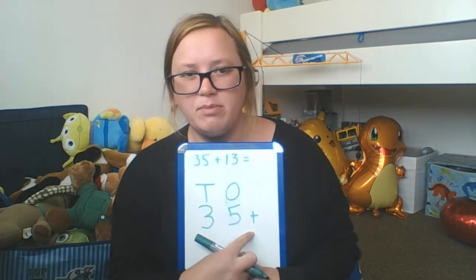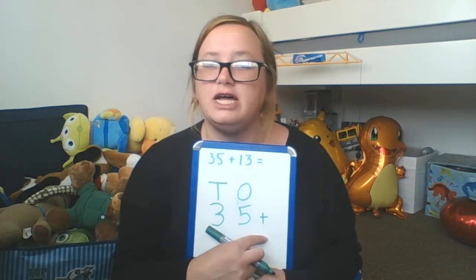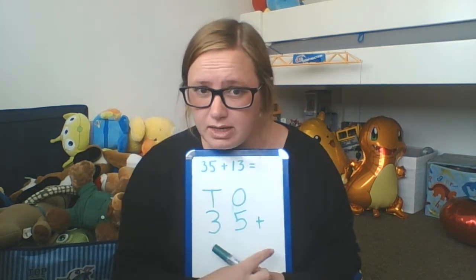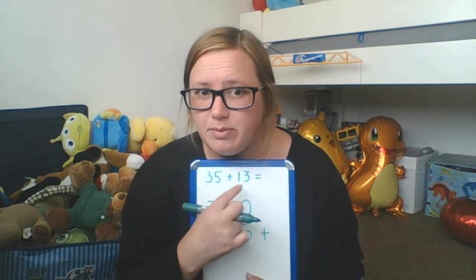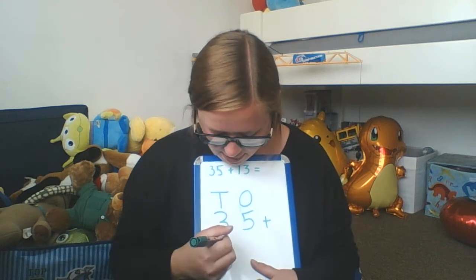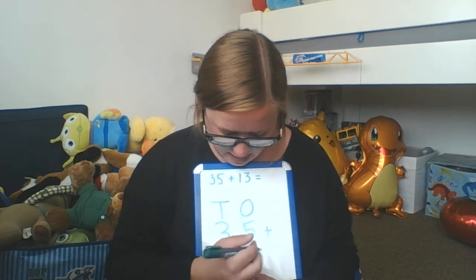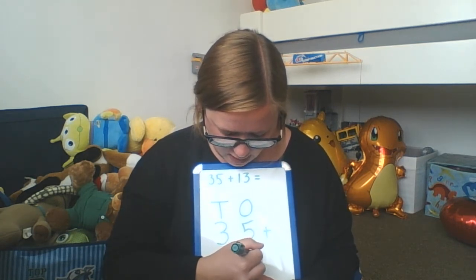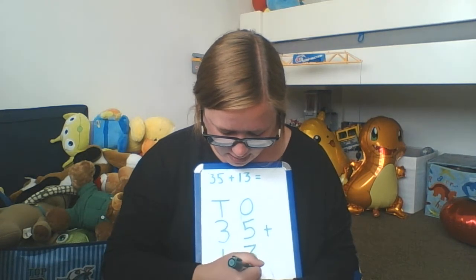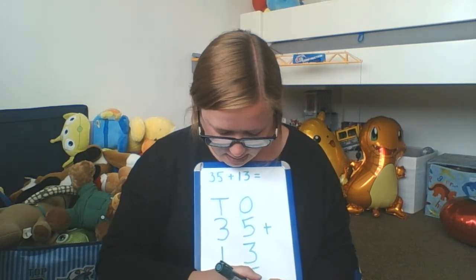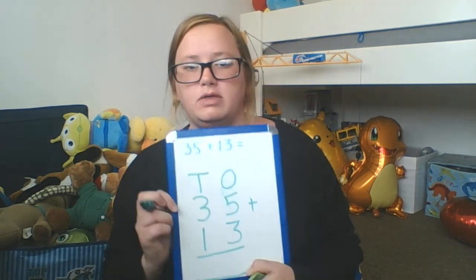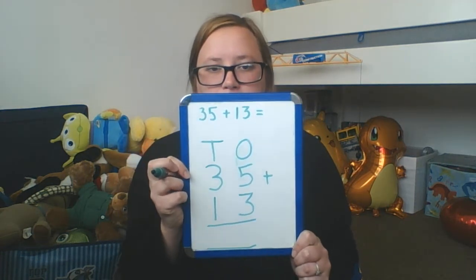And then I've put my symbol here to remind me which calculation we're going to be using. So we're going to be adding, and then we're going to add the number 13, and the number 13 has 1 ten and 3 ones. And then underneath I do my nice big equal sign so that I can add them together.